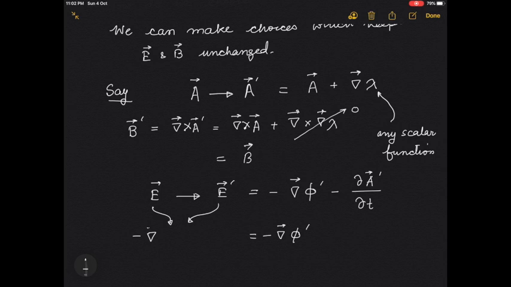So E, if I write here, it was minus gradient of phi minus del A del t. And in the primed case, this is del A prime del t, which is del A del t, and then gradient of del lambda del t.